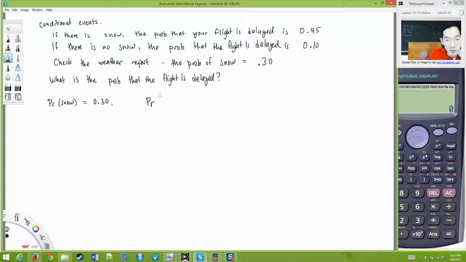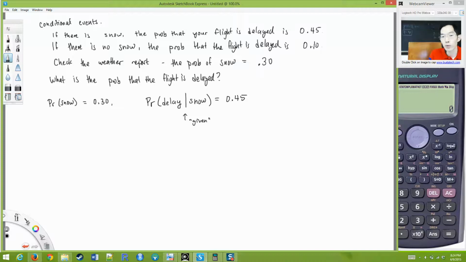We write the probability of a delay, and I'm going to put a vertical bar, which stands for given, or if this thing has happened, and we're going to write snow. So we say this is equal to 0.45. So the probability of a delay, vertical bar, which is read as given. So we'll say probability of a delay given snow is equal to 0.45. Okay.